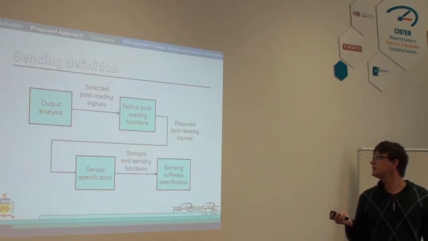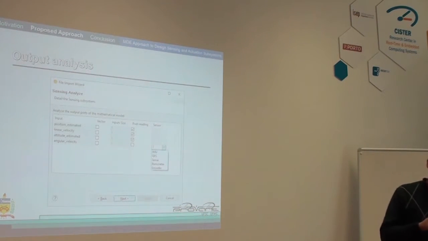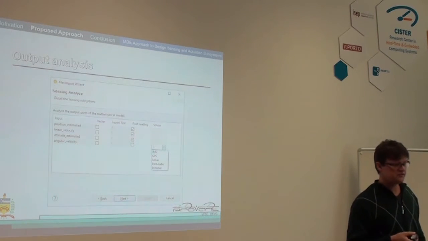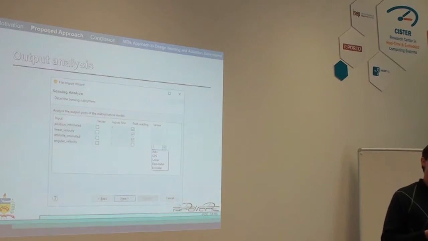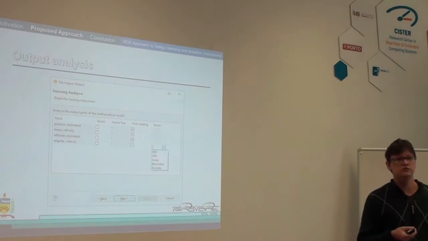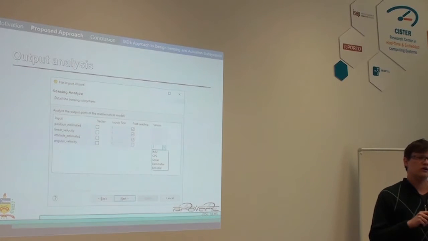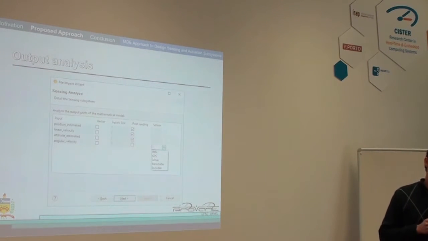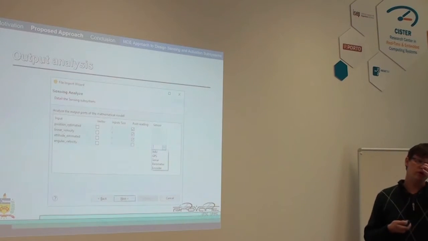This process starts by analyzing the inputs of the selected block. This information usually cannot be obtained directly by specific sensors, and usually needs a set of redundant sensors, or combining information from different sensors, to obtain the system behavior, in this case the UAV behavior.